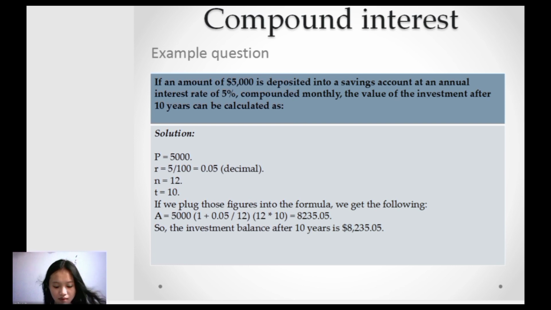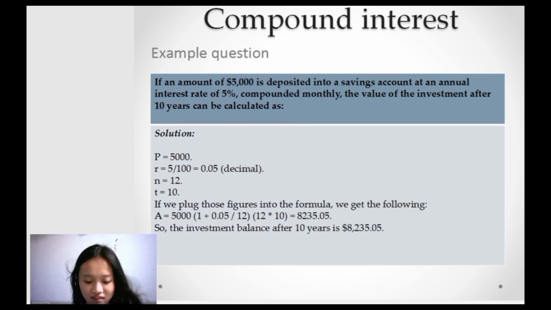If we plug those figures into the formula, we get the following. And so we calculated the investment balance after 10 years: $8,235.05.